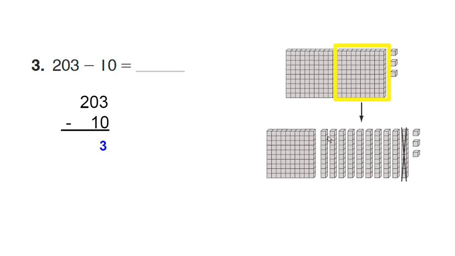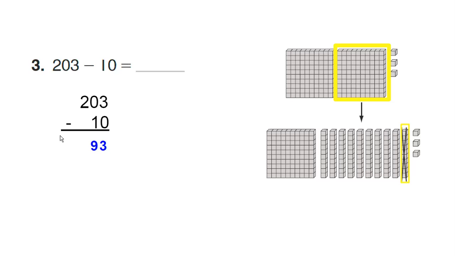I'm borrowing from my hundreds: 10, 20, 30, 40, 50, 60, 70, 80, 90, 100. So still 100 here, but I'm exchanging, because now I can take away 10 from 203. If I take one group of 10 away from 10 sticks of 10, I have 90, so 9 10s.